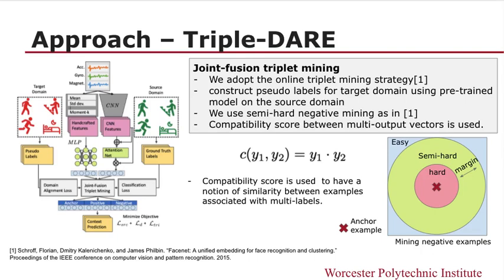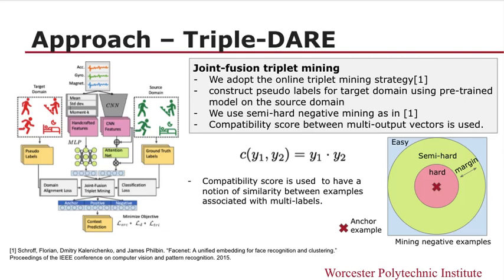So in order for the algorithm to work with multi-label data, we propose to use a compatibility score between the two multi-output label vectors, which could be the dot product of the two vectors. The reason we needed that is when selecting triplets in the case of, say, binary or multi-class settings, negatives will simply mean an example with a different class than the anchor example, or the example that we are comparing against.